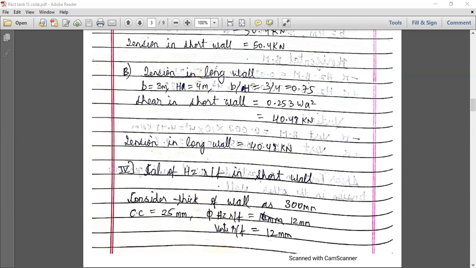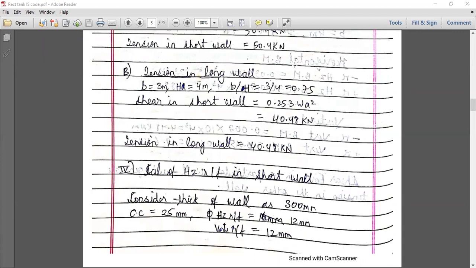Because at the end we have to check for the criteria of stresses. So if that criteria is not satisfied, then you will have to again redesign. So in these problems, it is better to take the thickness on the higher side in the range of 300 to 350.